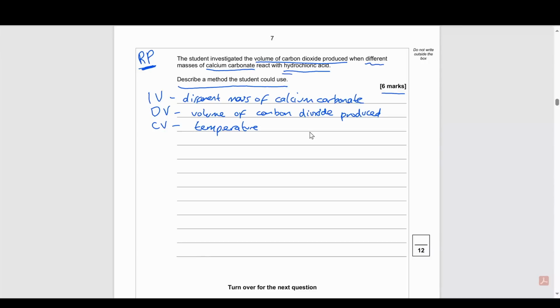It's got to be the hydrochloric acid, something about it. The two things that we want to probably keep the same about the hydrochloric acid are its volume and its concentration. So let's just state both of them, and we should be happy to start describing our method.